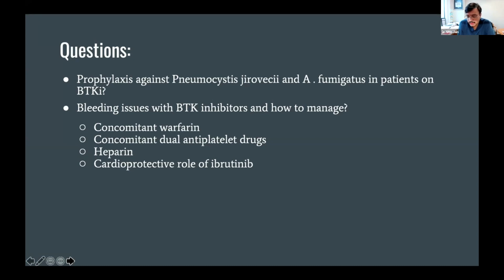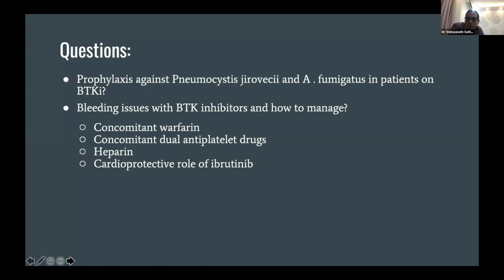So if they're on one antiplatelet agent, I'm okay. But if they're on dual antiplatelets, or they are on an antiplatelet and an anticoagulant, then I'm not using a BTK inhibitor. Something interesting is the cardioprotective role of ibrutinib, since it inhibits collagen and also reduces platelet aggregation. So what is your thought about avoiding antiplatelet drugs? I know this is a tough question. Maybe your cardio-oncologist may be able to answer this.